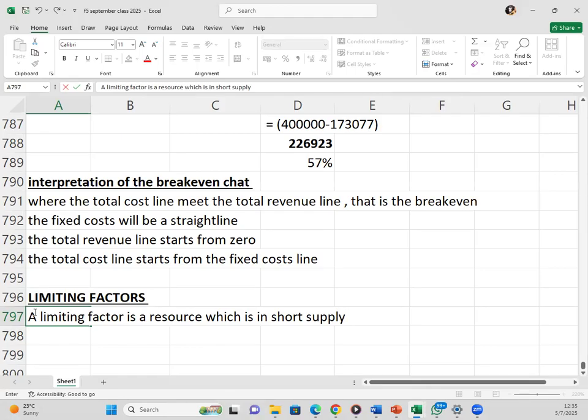If we are looking at a limiting factor, it is a resource which is in short supply. So that which is limiting us from reaching the point that we want, that's a limiting factor.